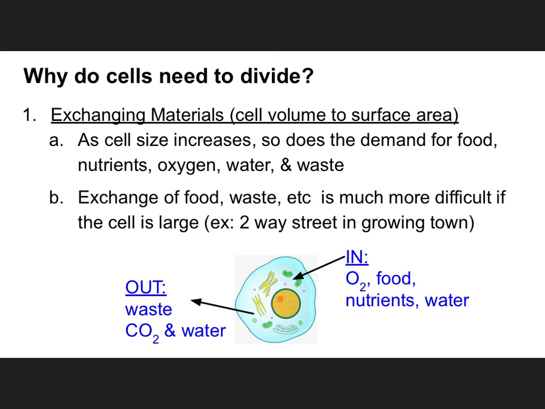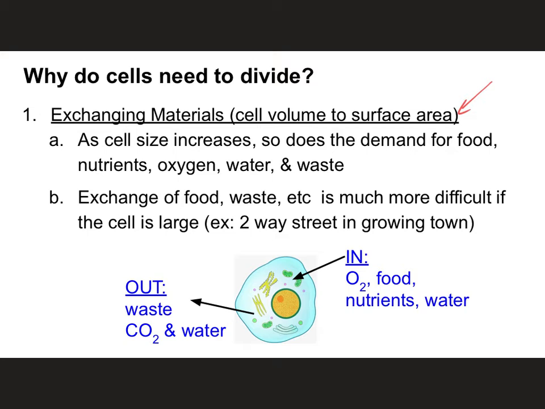So why does a cell need to make more copies and ultimately divide? Well, the key idea here is that cells have to stay small. Why do they have to stay so small? Because when you're small, it is easy to get materials to go in and out of a cell.